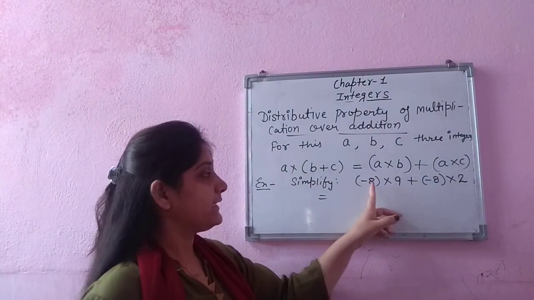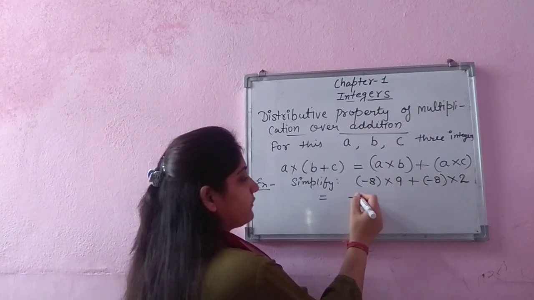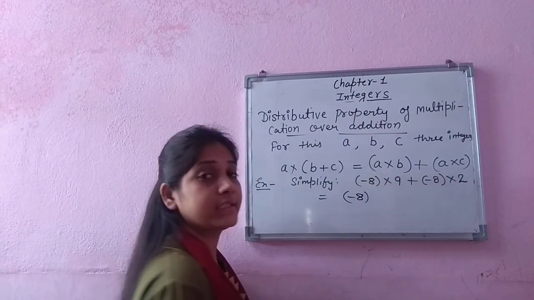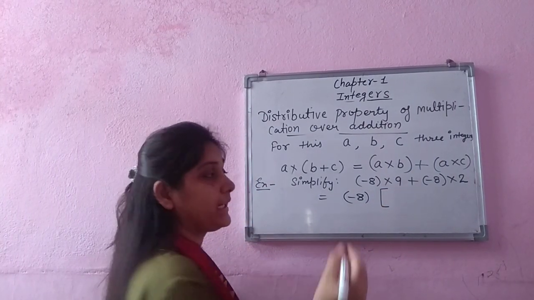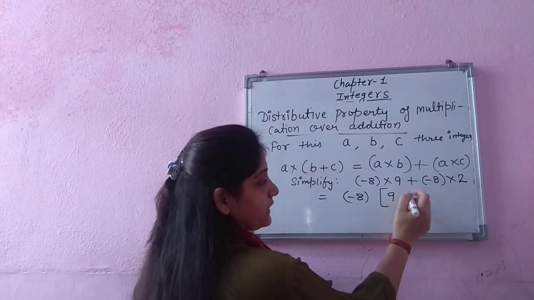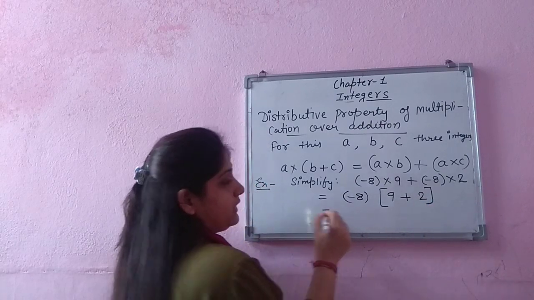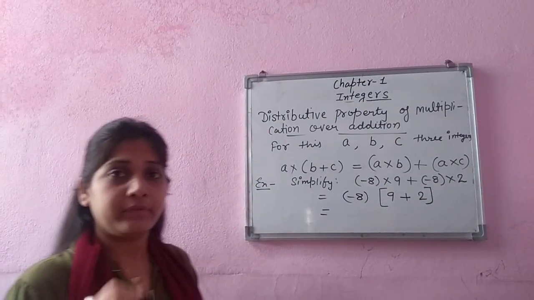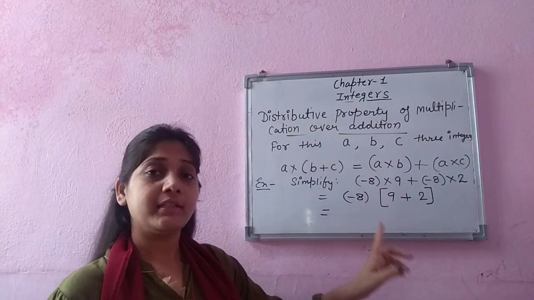So -8 and -8 is common, so we have to take it outside. Now, whatever is left will be inside the bracket. Like -8 is outside, so 9 is left, that is positive sign, and 2 is left. So in the first step, we have taken as common whatever number is repeating.